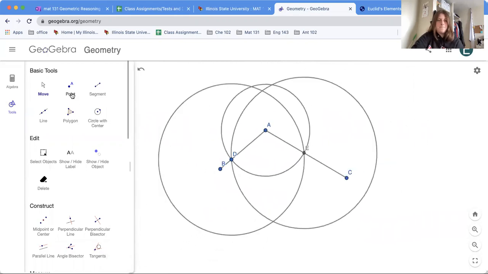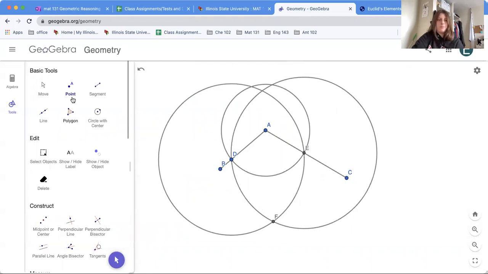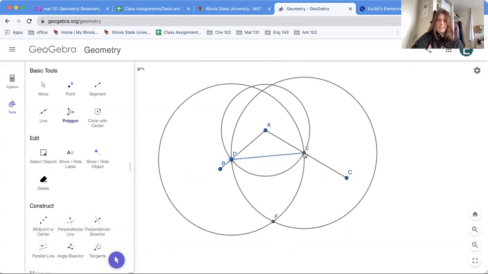And you're going to mark it with a point, and this intersection is now going to be known as F. So you're going to use the polygon shape, go from D to E to F, back to D, and now we have our equilateral triangle.